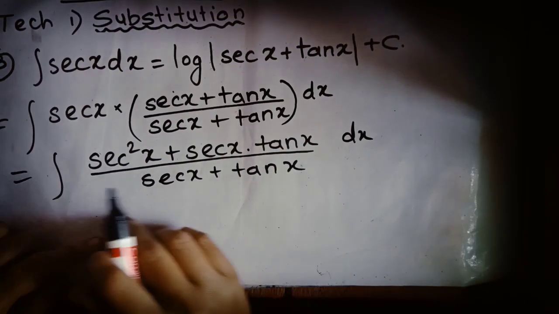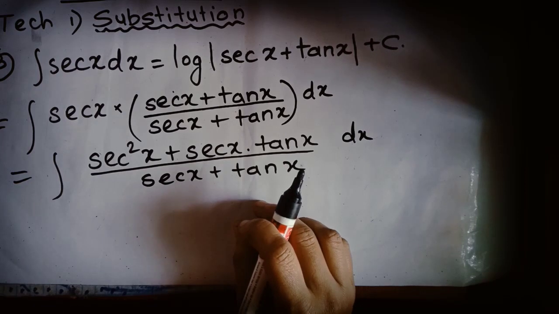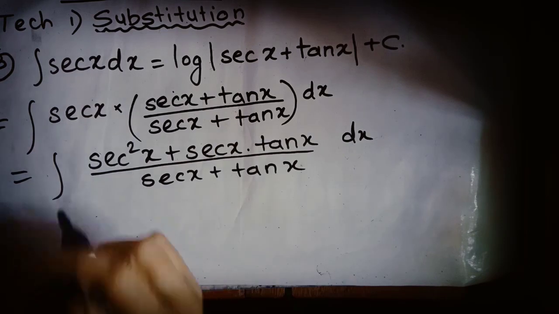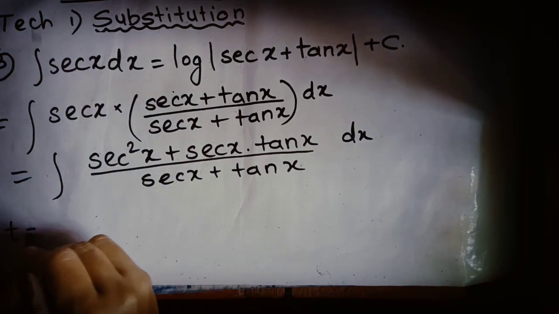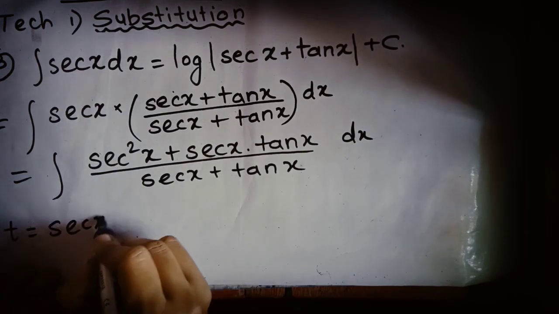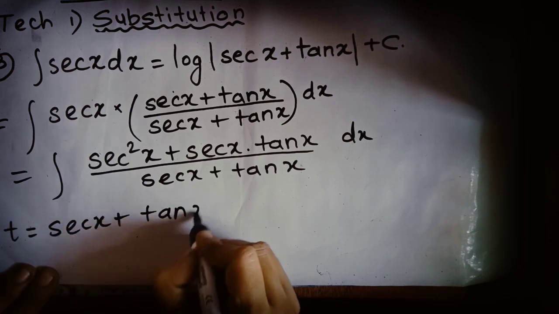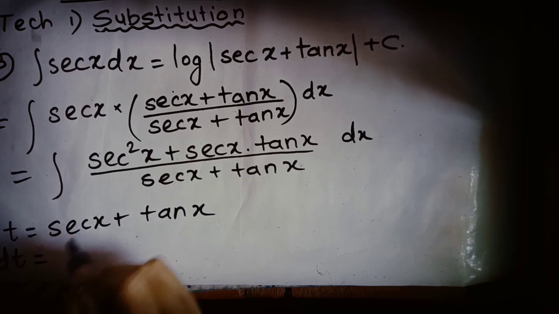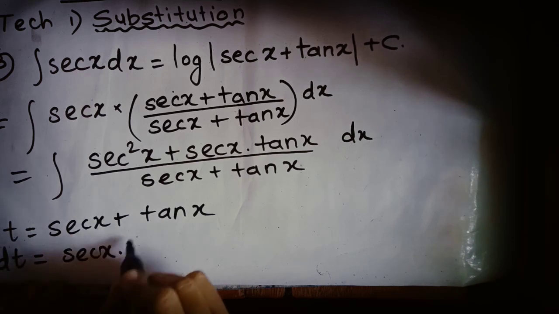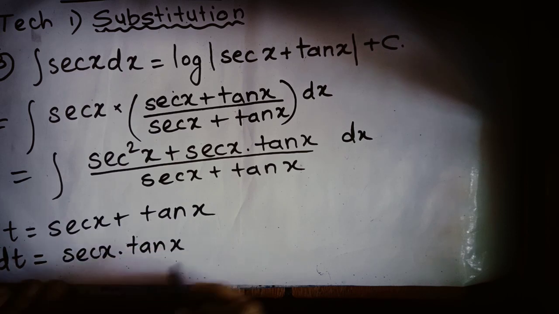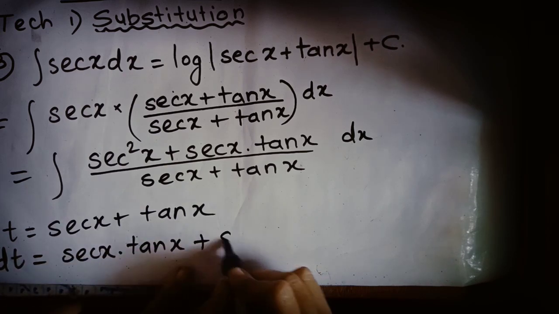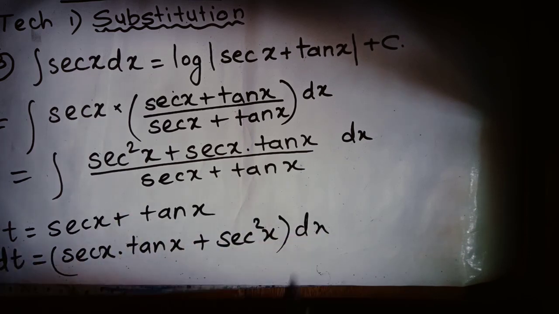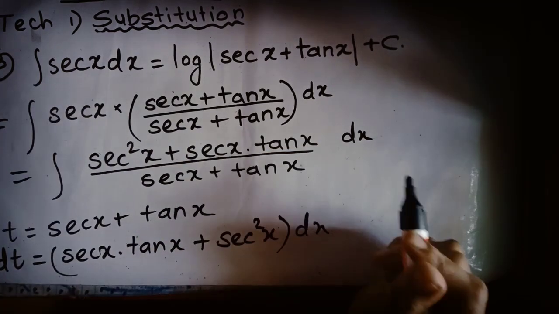Now if you look at this closely, if I take the derivative of this denominator, if t is your sec of x plus tan of x, what is the derivative? Derivative of sec of x is sec of x into tan of x, right? And derivative of tan of x is sec square x, which is our numerator.